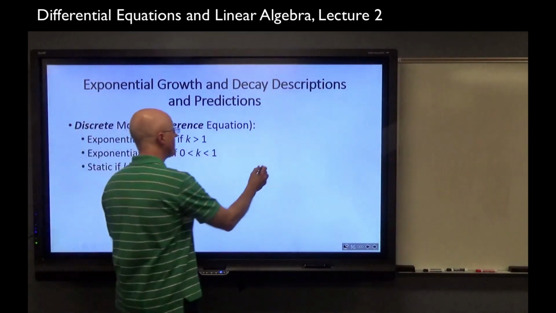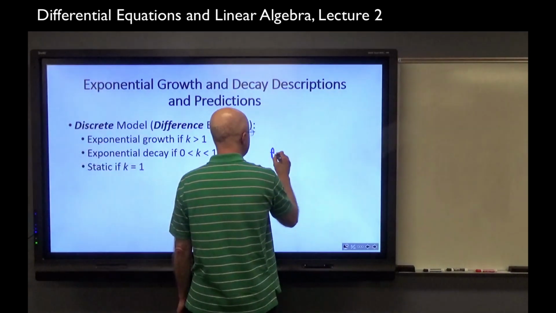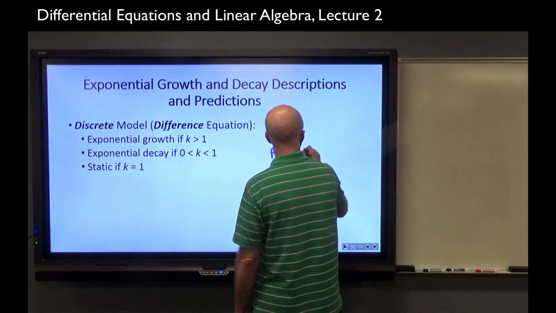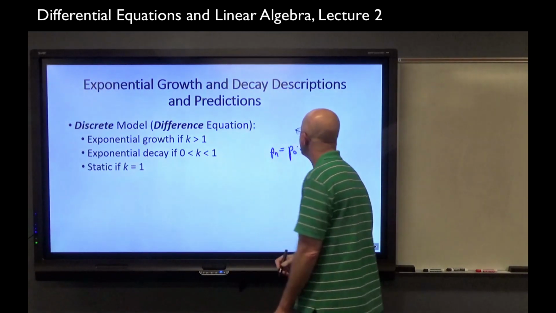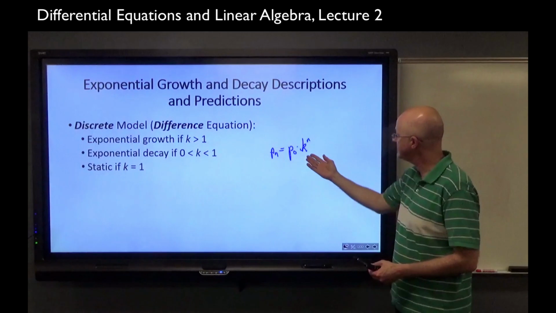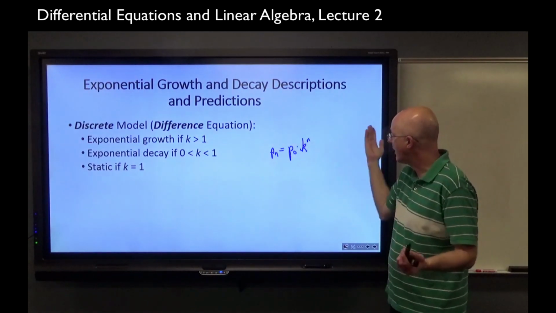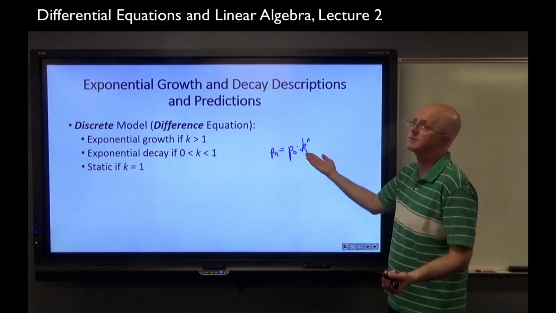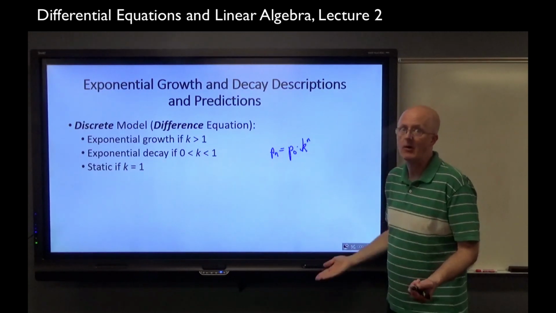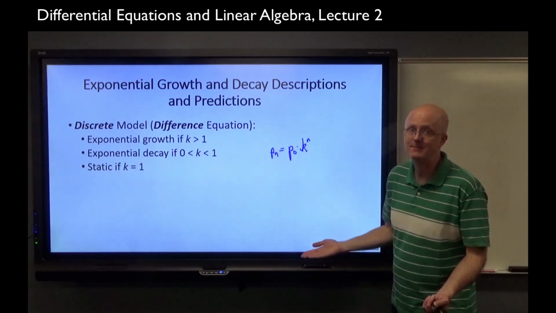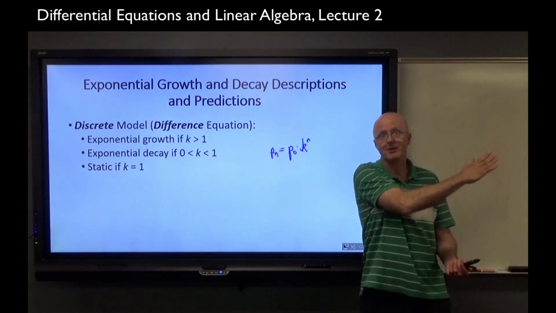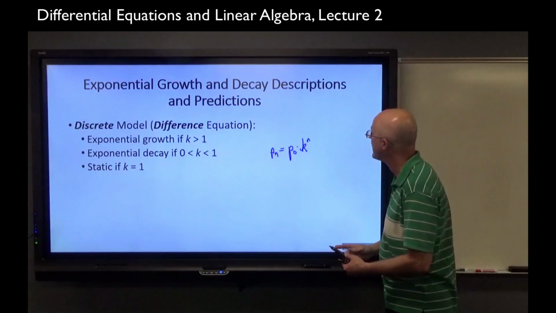Why? Well, think about the formula for the solution. Pn was P0 times k to the n. If k is bigger than 1, like 2 or 3 or 4, that's growth. Even if k is barely bigger than 1, 1.00000001, it's still going to be growth. And it's still, in fact, exponential growth. It'll seem to grow pretty slowly at first, but actually if you go out far enough, it'll still grow pretty fast.